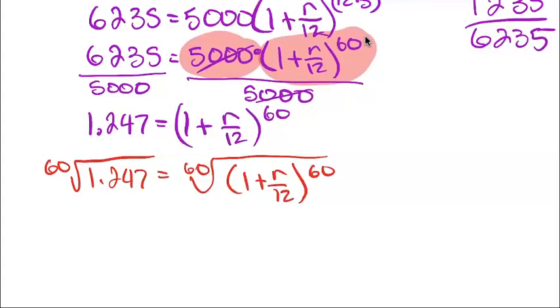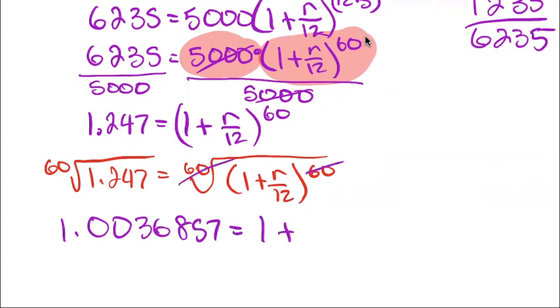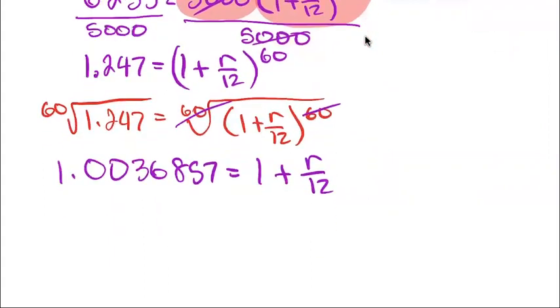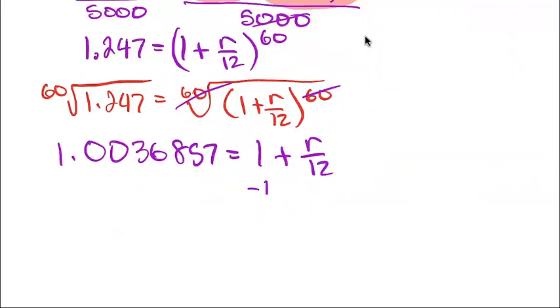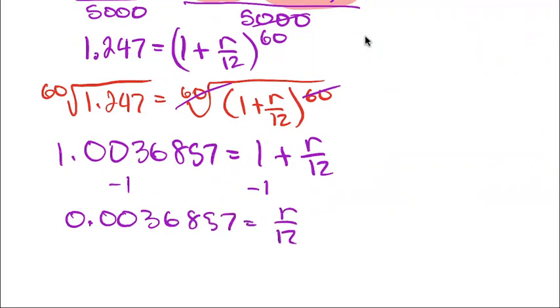Where's my number? 0.0036857 is equal to the 60th root of something raised to the power of 60. Those will cancel. 1 plus R over 12. And if I continue to solve for R, I'm going to subtract 1. So this is 0.0036857 is equal to R over 12.